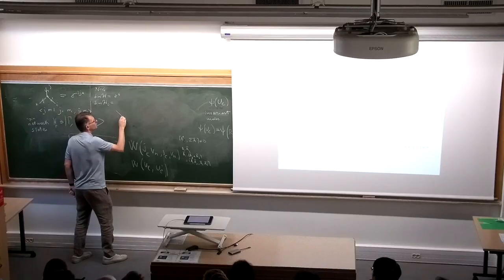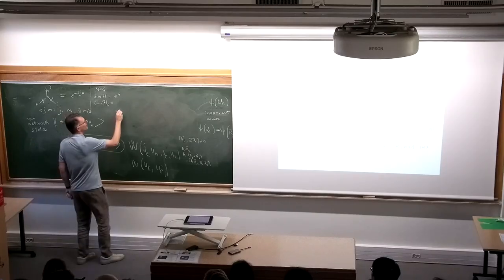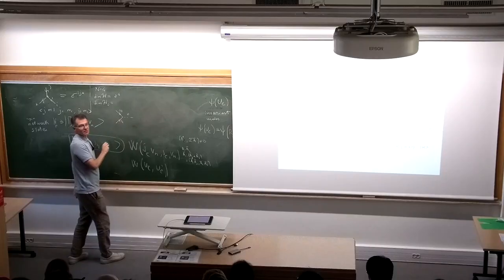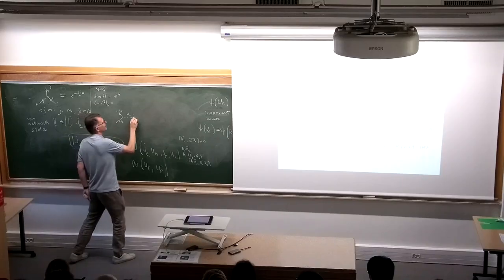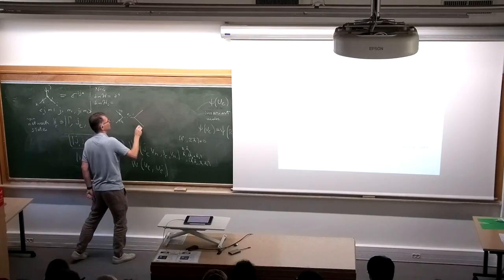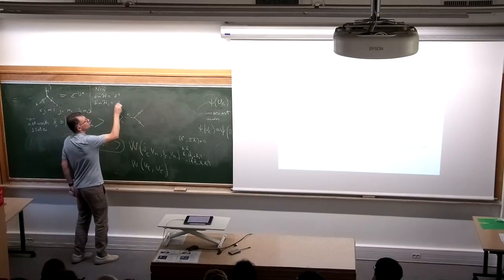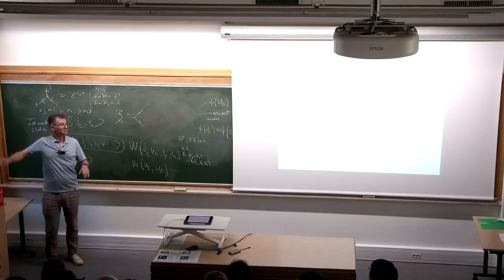You have 2 spin 1/2 that combine. What can they combine into? This is 1/2, 1/2. They can combine either into 0, no, or into 1. And then can come back 1/2, 1/2. And so you get here just 2. Okay, so you threw away a lot of them.